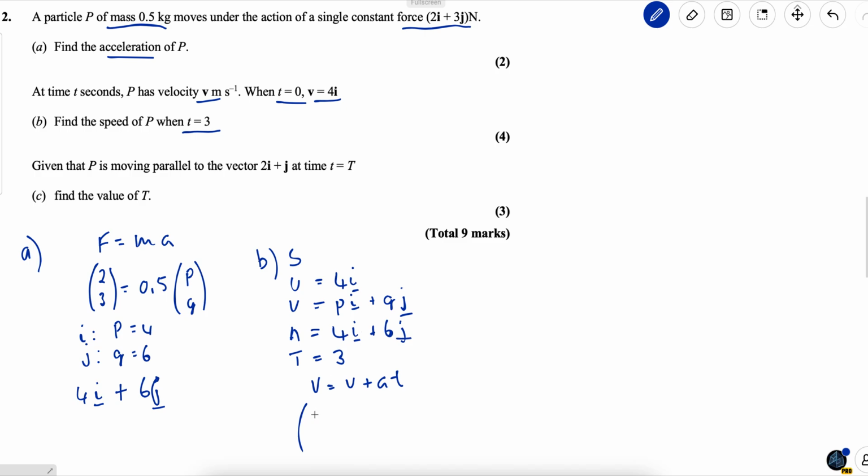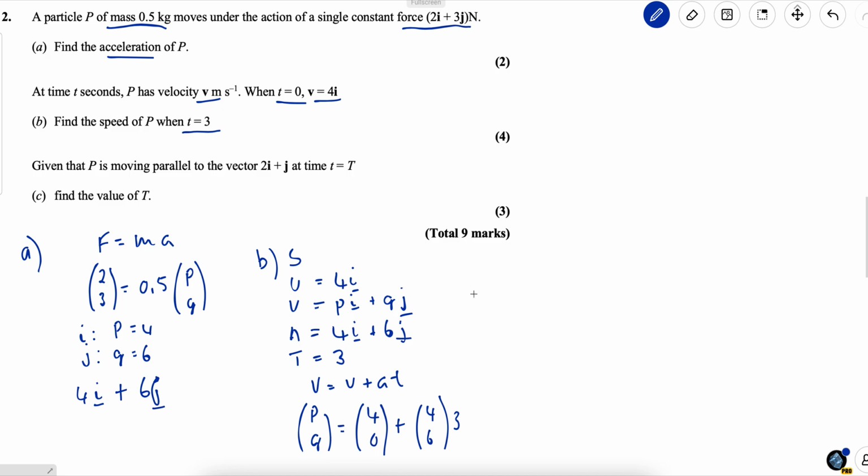So v, p q, equals u, so that's 4i and 0j, plus a, which is 6 multiplied by t, which is 3.